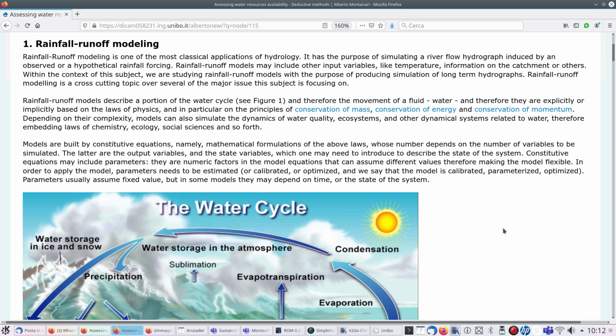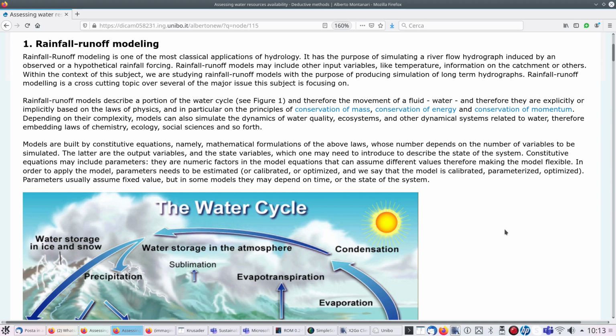Rainfall runoff models refer to a catchment. What is the catchment? Remember, we remain interested in estimating the river flow at a given location. Typically, it's the location where we want to take water, and this location is along a river. So we focus on a river cross section, which we already defined, and on the area that contributes to the river flow at that cross section. And then we focus on the catchment.